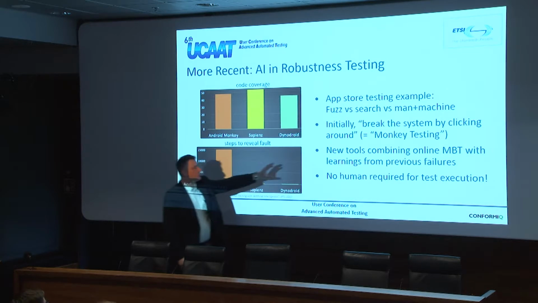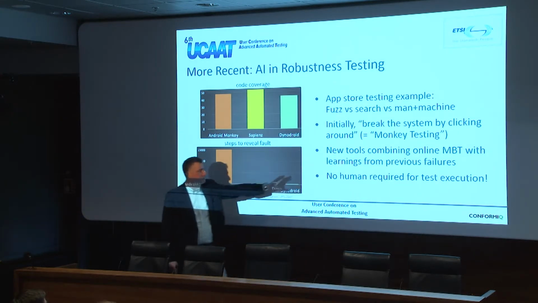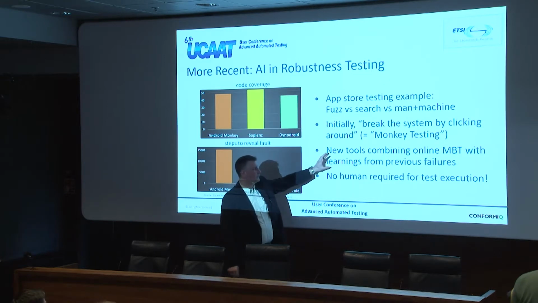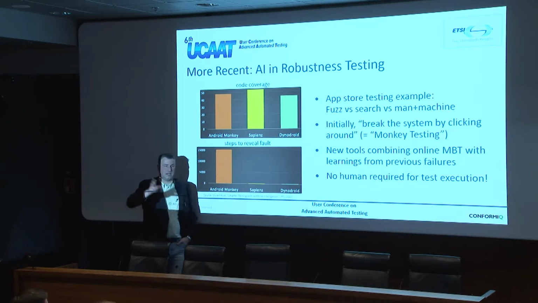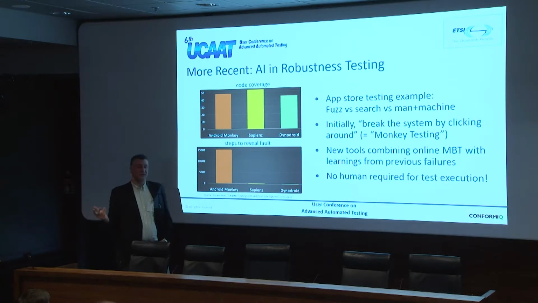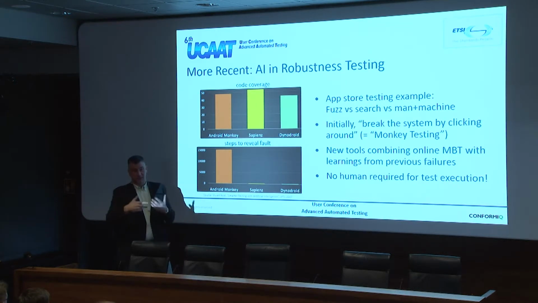There are also, for example, people who have started to combine online model-based testing. So there's a test automation tool vendor that says, okay, I have these models and I'm exploring them, and I will use learnings from the execution in order to generate my tests. So I will not just blindly look at the model and say everything is equal, but I will consider in my test generation that I have been getting failures on buttons being disabled or something.